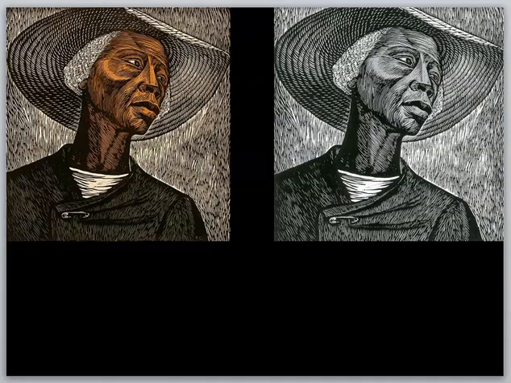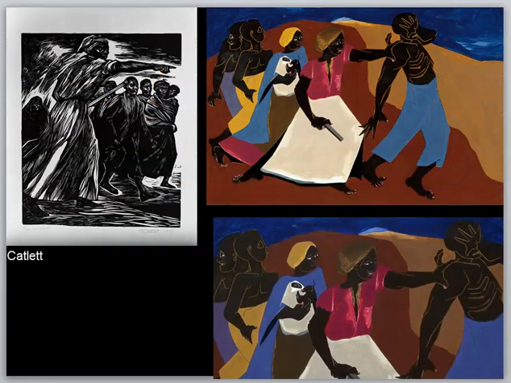This is Catlett's Harriet Tubman, located on the left next to Jacob Lawrence's. Again, she favors black and white, I would say, in printmaking. The difference, and I leave it to you to see more than one difference between Catlett and Lawrence, but I think it's really the prominent position that she's given to a woman leader.